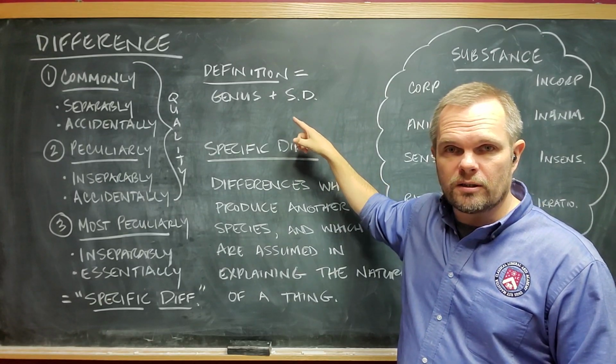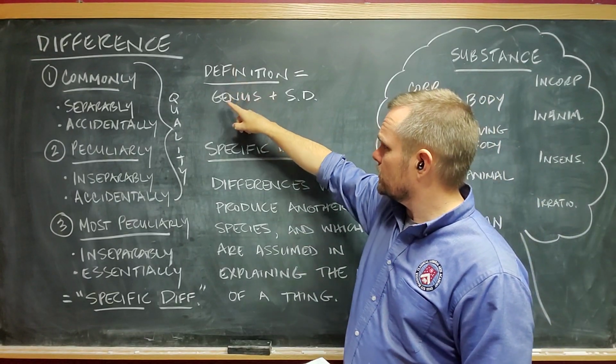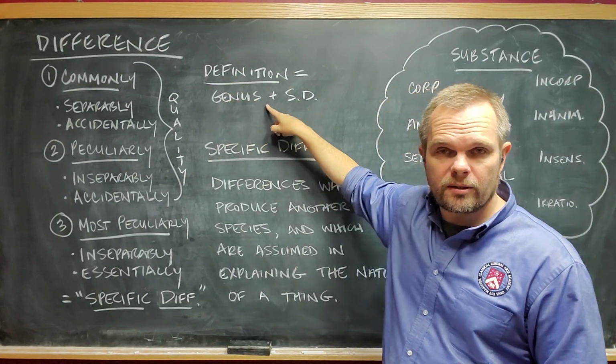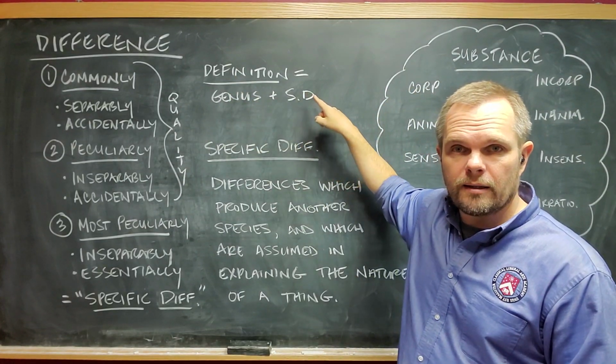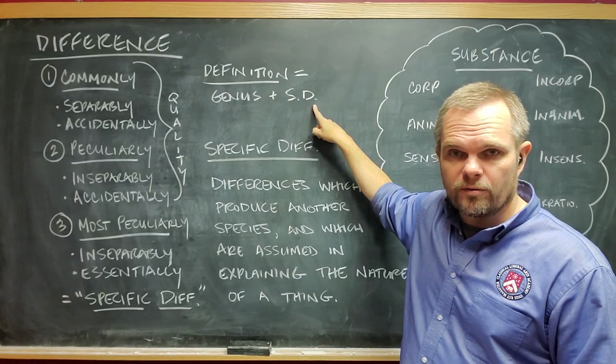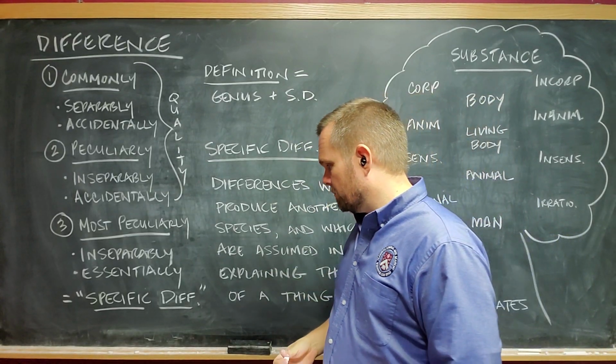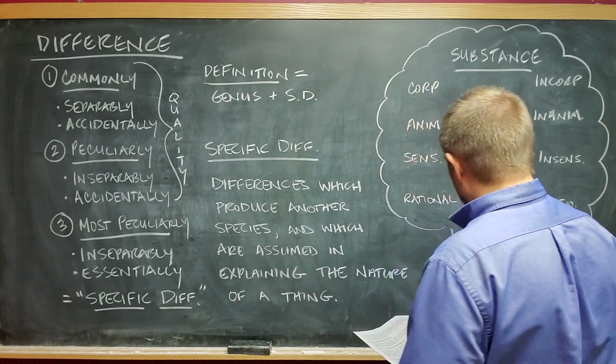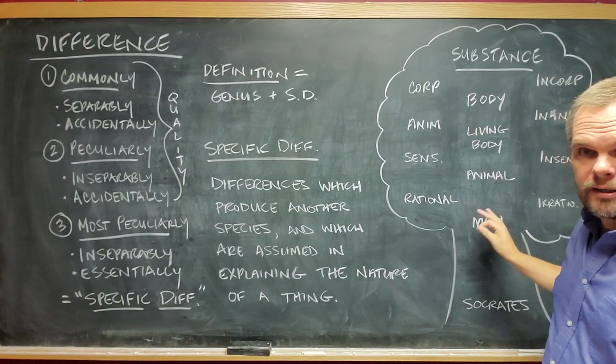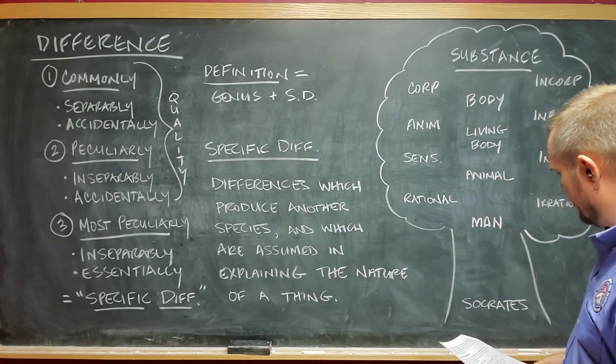That's what a definition is. A definition consists of the genus of a thing and its specific difference. And I can give you a very simple example. I'm going to explain this diagram in a few minutes, but just as an example.